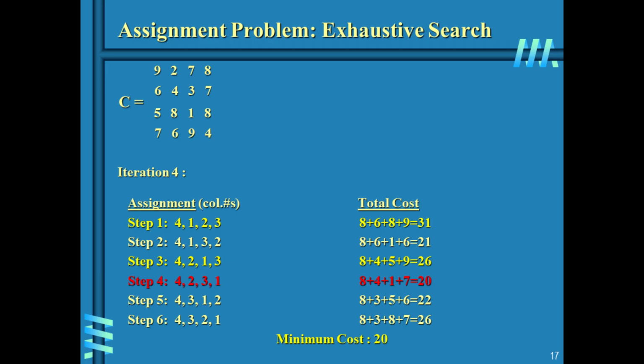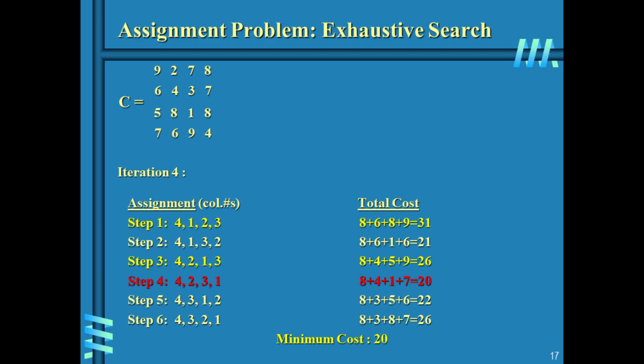Step number 5 assigns job 4 to person 1, job 3 to person 2, job 1 to person 3, job 2 to person 4 and the final step of iteration number 4 assigns job 4 to person 1, job 3 to person 2, job 2 to person 3 and job 1 to person 4 with a total cost of 26. So among the 6 steps from iteration number 4, the minimum cost here is again 20.